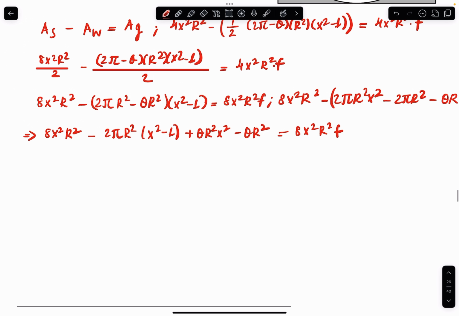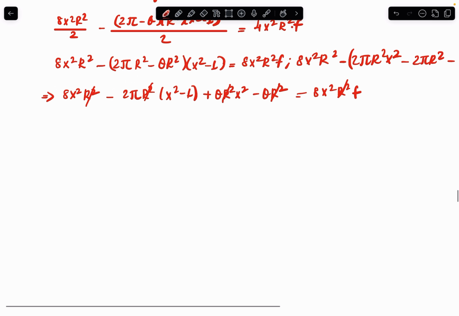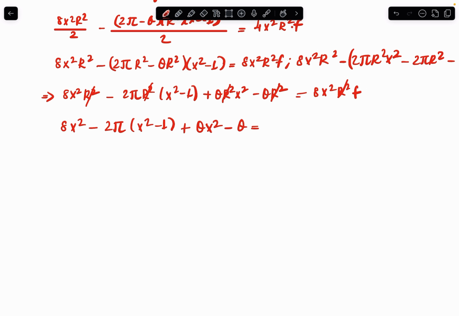So one thing that should be realized here is, in order to leave theta alone, we can get rid of one common thing that exists in both sides of the equation, which is going to be r. If I remove r from all sides of the equation, we're going to be left with 8x squared minus 2 pi x squared minus 1 plus theta x squared minus theta is going to be equal to 8x squared f.